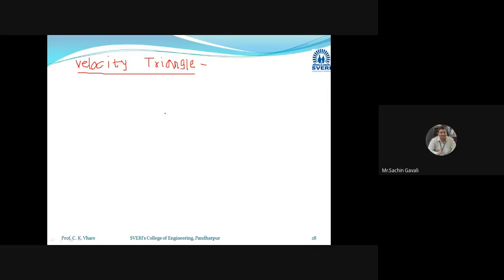Now we'll go for the general velocity triangle. So this is the blade, or we can call it the vane.